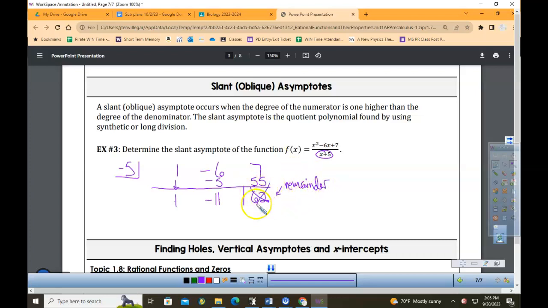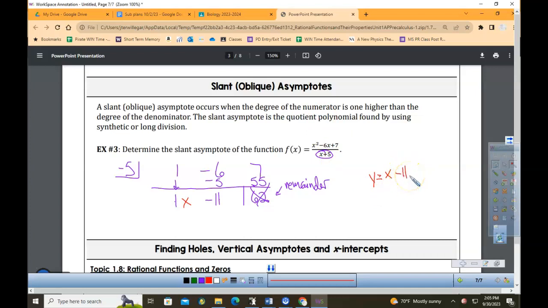We ignore it on these, okay? We ignore it, because we aren't looking for an actual function. We are looking for a slant asymptote. We just use this part. So that's going to be a negative 11, and then a 1x. So our oblique asymptote is y equals x minus 11.